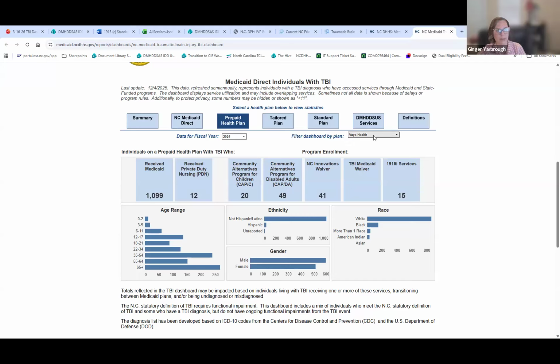So you'll only see waiver data for Alliance at this time. Go back to include all plans. And again, all of this data updates when you start pulling it by the individual plans. When we hit fiscal year 25, you will only see Alliance, Partners, Trillium, and VIA.